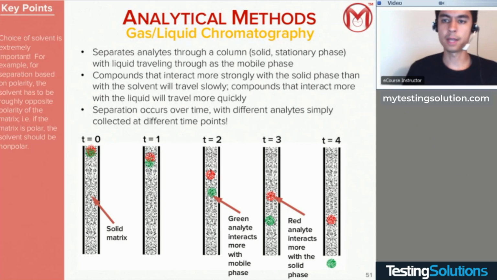So again, if the mobile phase was polar and the stationary phase is nonpolar, which of these compounds is more polar? The red one or the green one? Which one is more polar if I have a polar mobile phase and a nonpolar stationary phase?